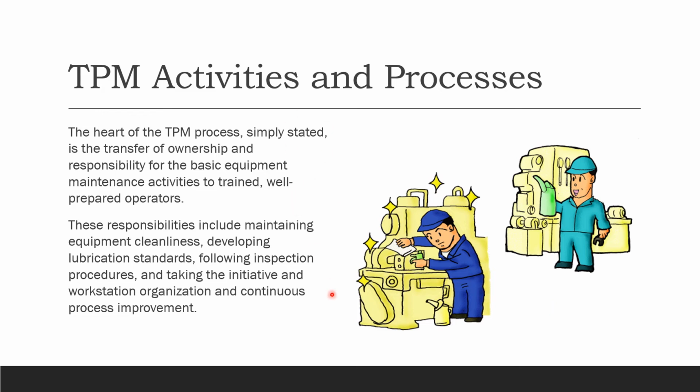What it's really telling you is that we have to empower the operators so that they can take care of their part of the system by cleaning, by developing the lubrication standards, by following the inspection procedures, by taking the initiative in workstation organization, and by doing the continuous process improvements.